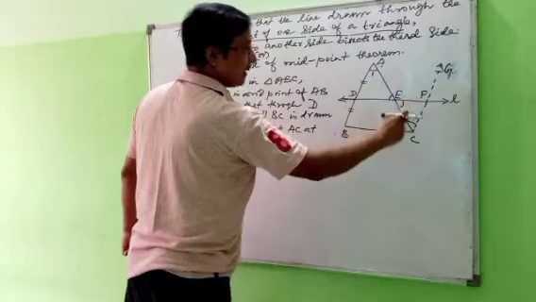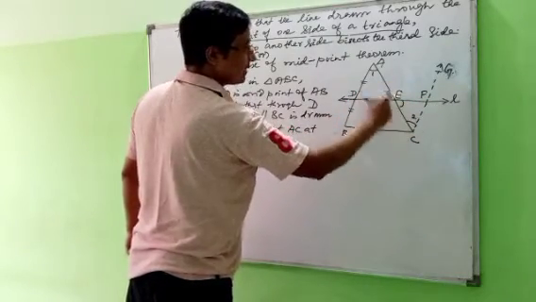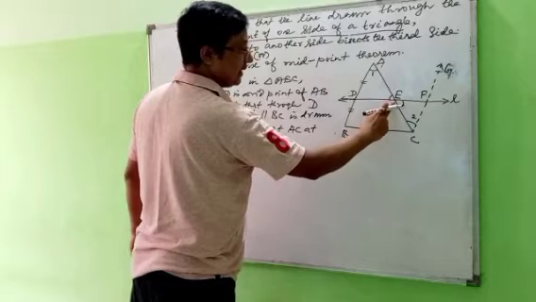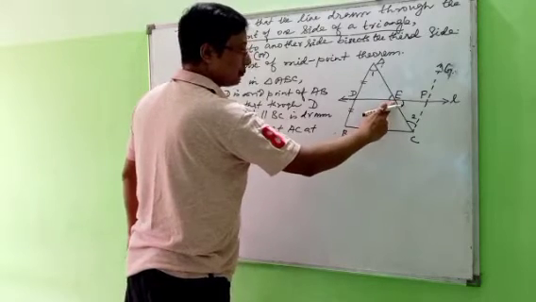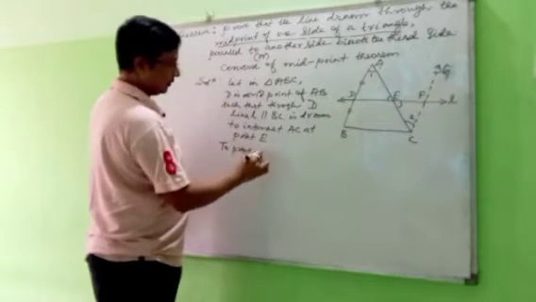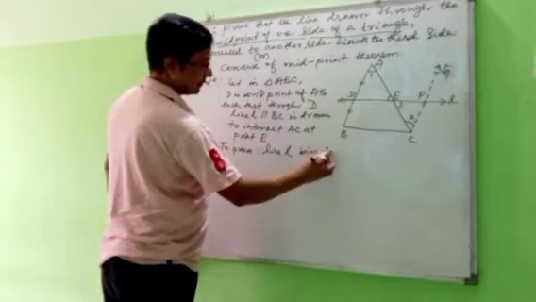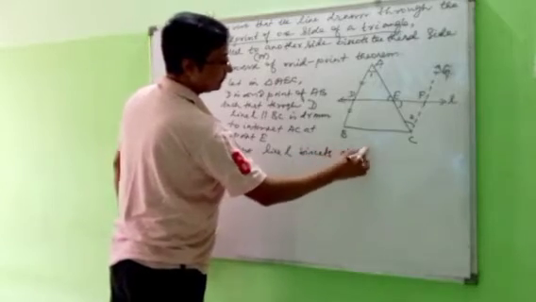The side AC is the third side. So the line L should bisect the side AC at point E. That means you are to prove AE is equal to CE.